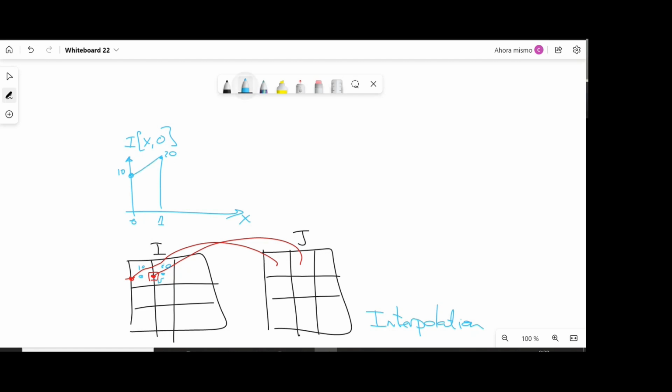And a line is a polynomial of degree 1, and then I'm taking this at 0.5, and this takes the value 15, the value between. But this polynomial is of the form ax plus b, so it is degree 1 in the coordinates. Okay.